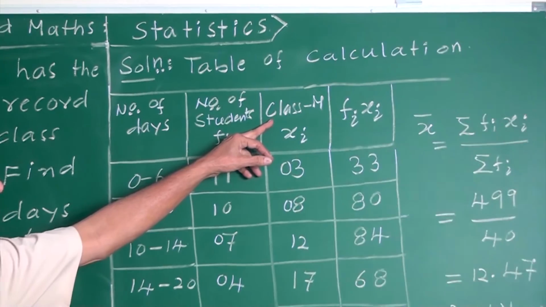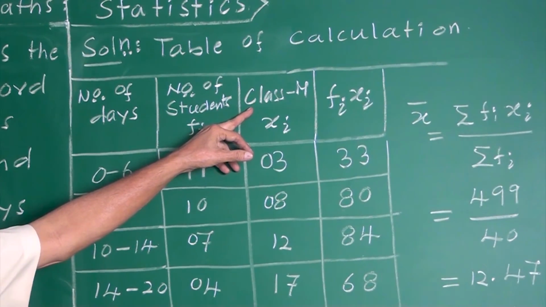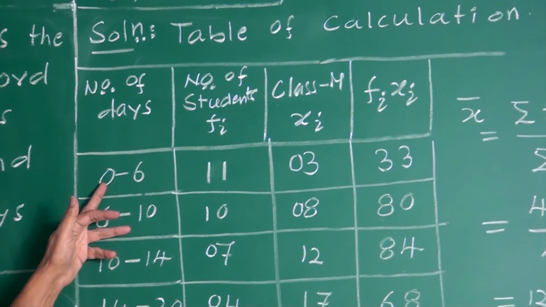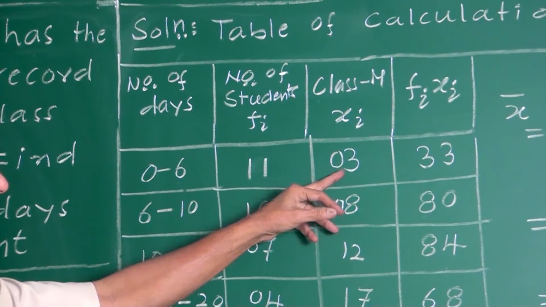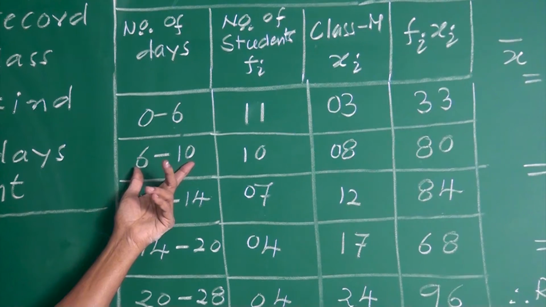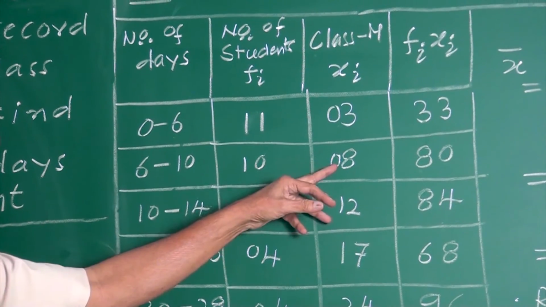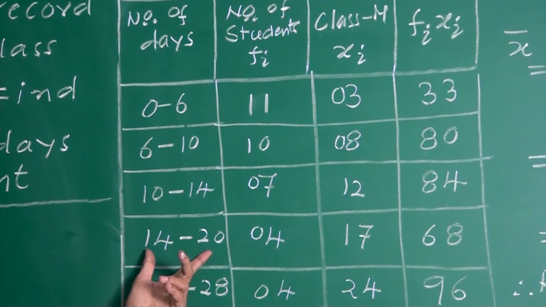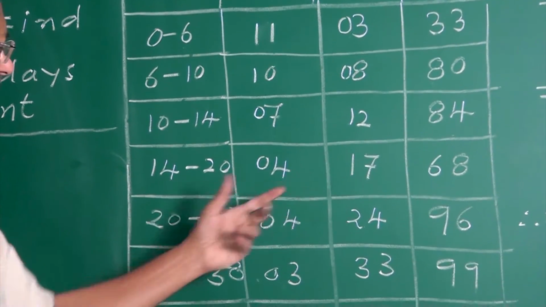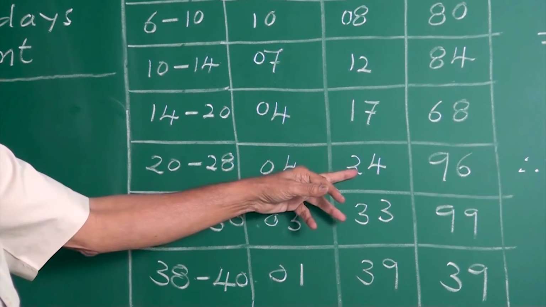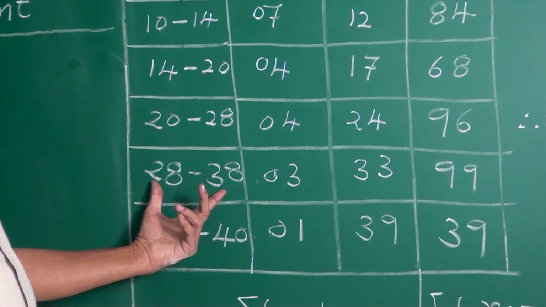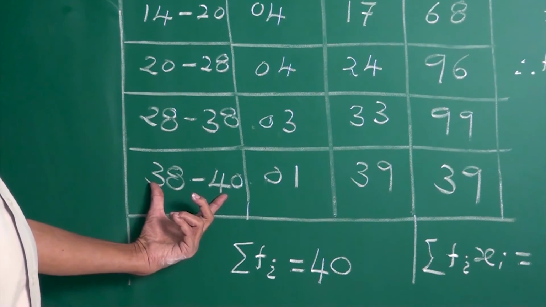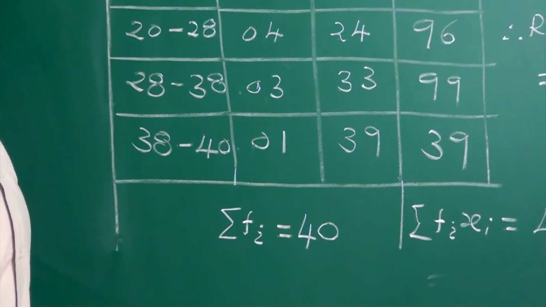Class mark: 6 plus 0 divided by 2, 6 by 2 means 3. Add these two, 16 divided by 2. 24 divided by 2. Add these two, 34 divided by 2. 48 divided by 2. 66 divided by 2. 78 divided by 2 is 39.